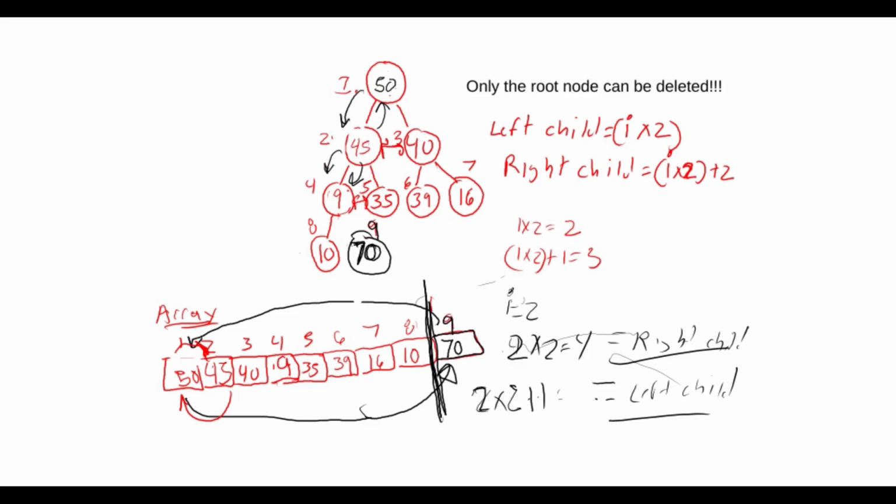Now we go, okay, 9 is less than 10. So we do a swap, since the parents should always be greater.